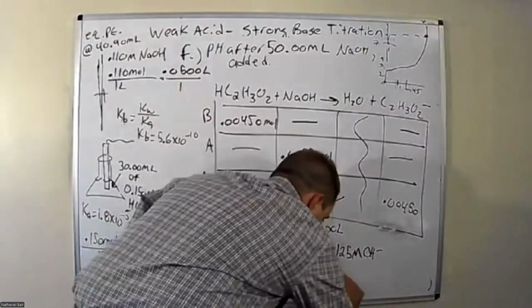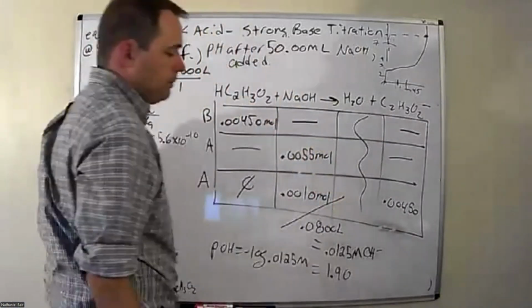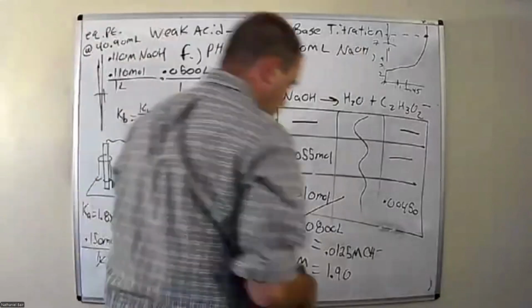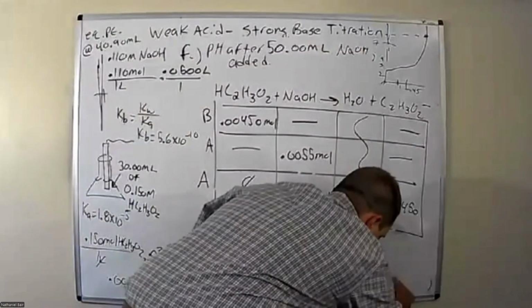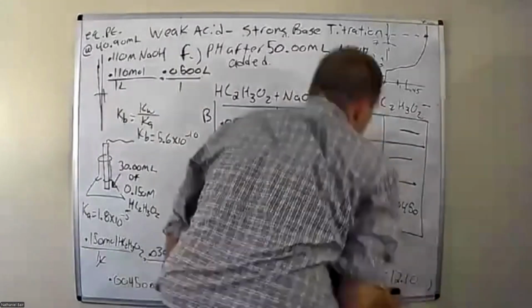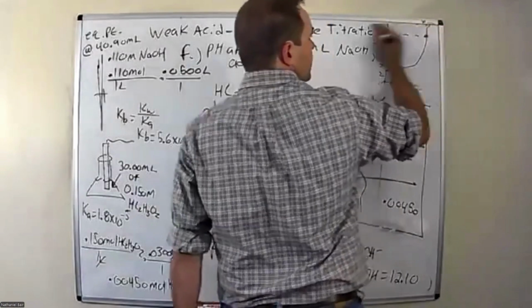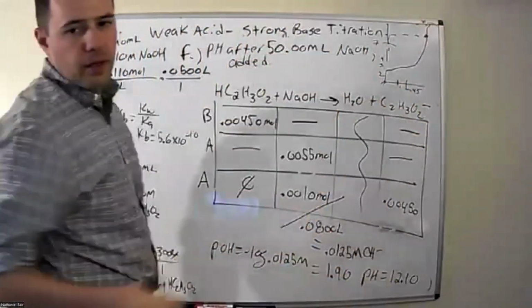That's a pOH of 1.90. And then 14 minus that, that's 12.10. The pH is 12.10. So you see, once we get past the equivalence point, it continues to skyrocket, and you're going to get 12, and then it'll kind of curve out.